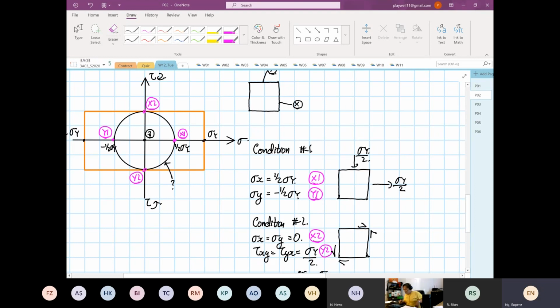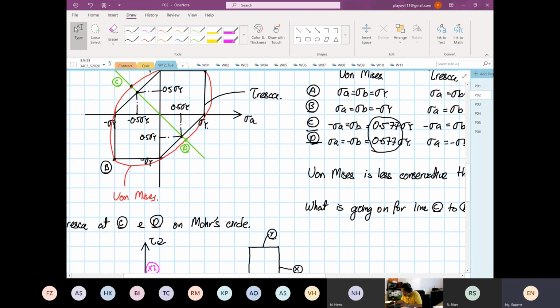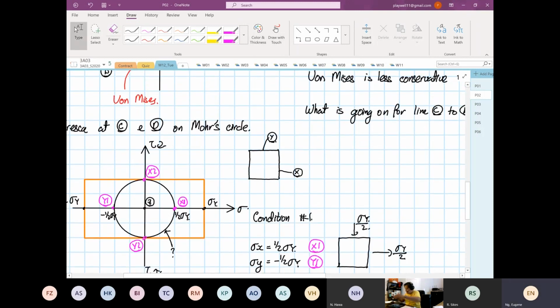So along the CD line, that's where over here you see Tresca. And then when you draw von Mises, your circle can now become bigger, yes or no?